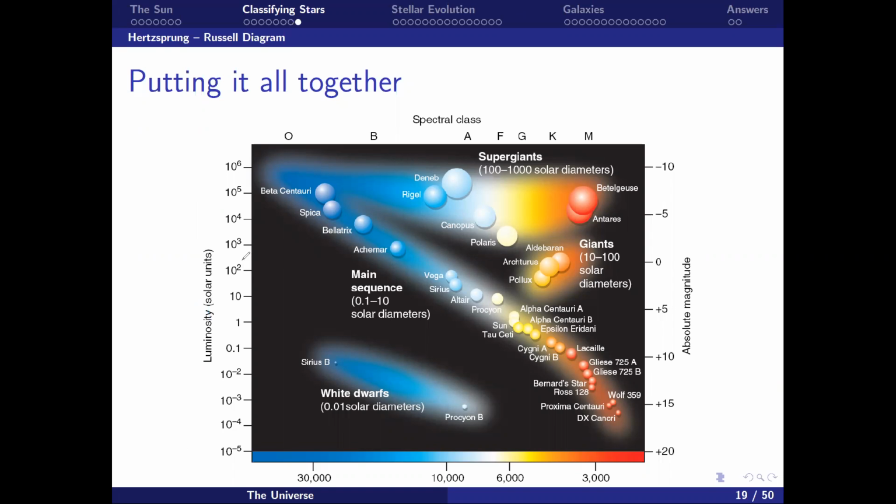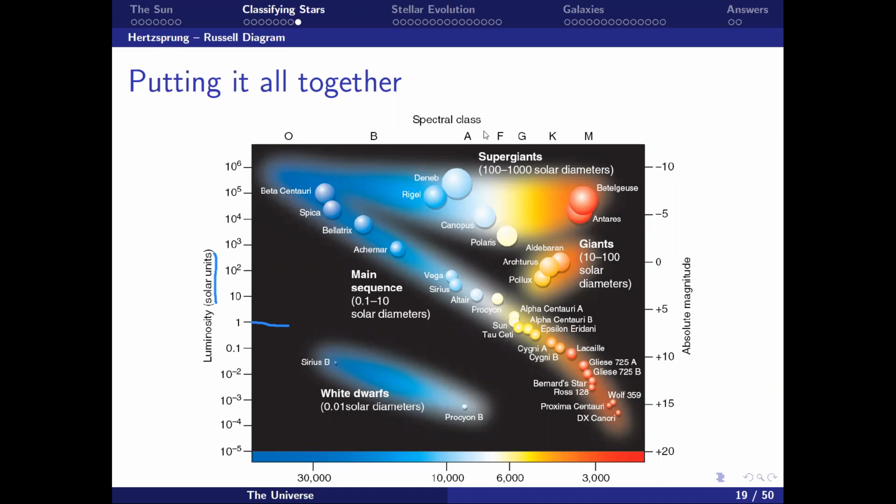So the higher up you are on luminosity, the brighter you are. What is a solar unit? Okay, so a star with a brightness of our sun has a luminosity of 1. So this brightness scale is relative to our sun, right?